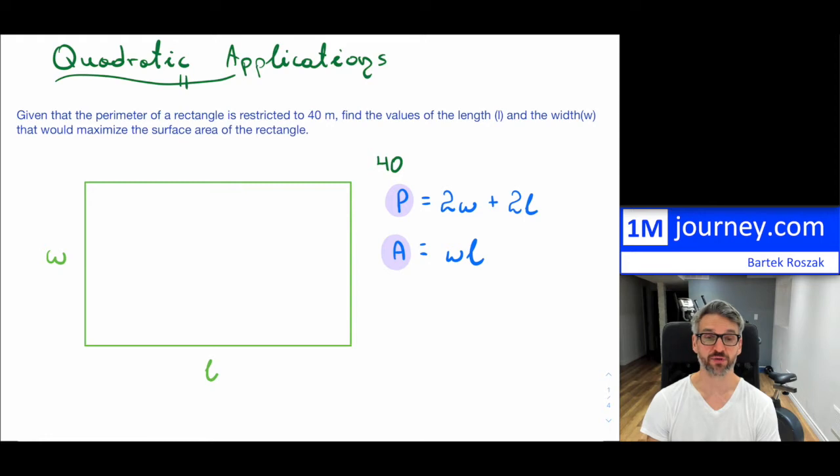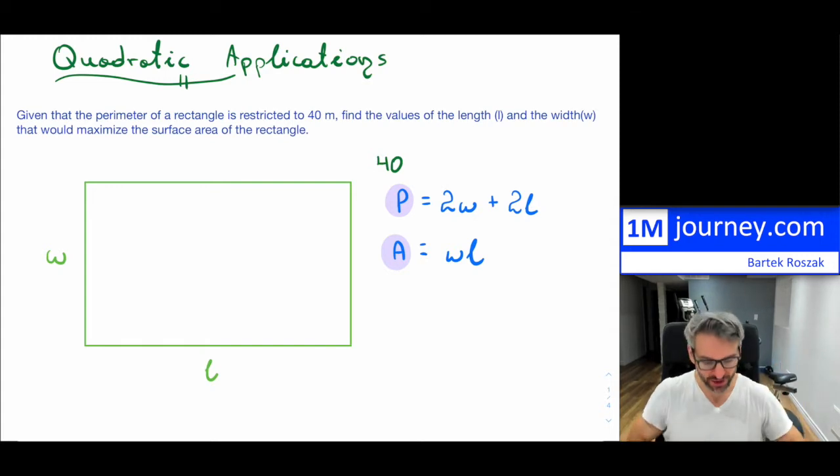So I have 3 unknowns: A, W, and L. The first thing I do in this problem is reduce it to 2 unknowns, because if I want to match it up to a quadratic, I want a relationship between A and another variable. It's like y is equal to ax squared plus bx plus c. I want to have it in that format.